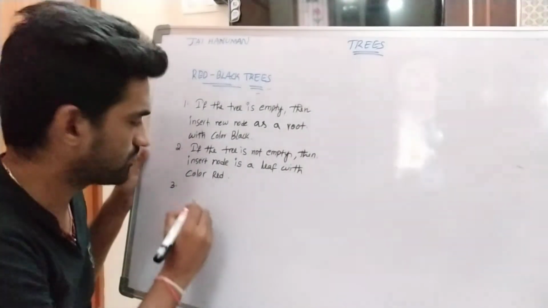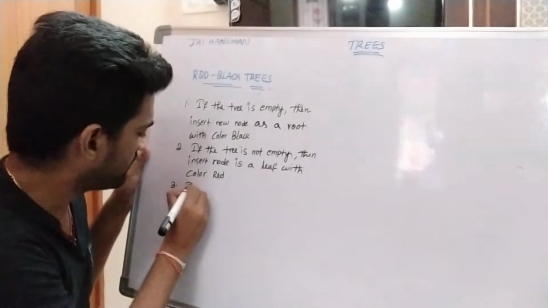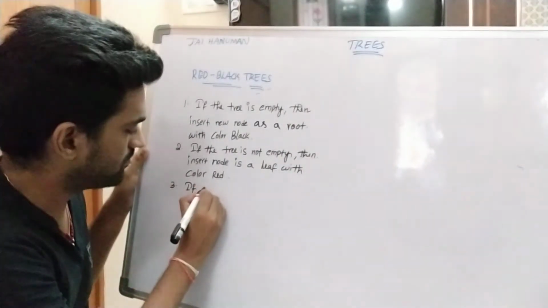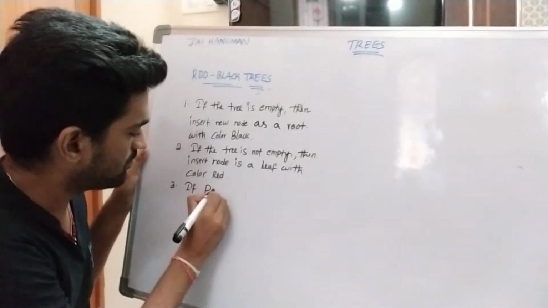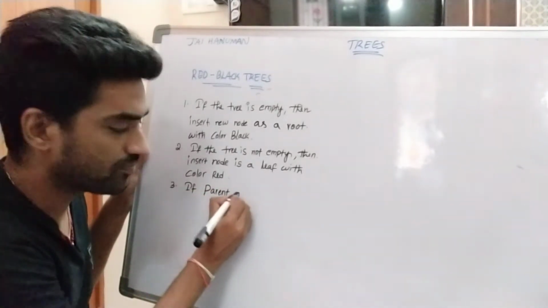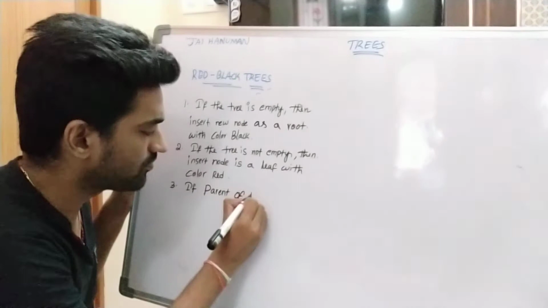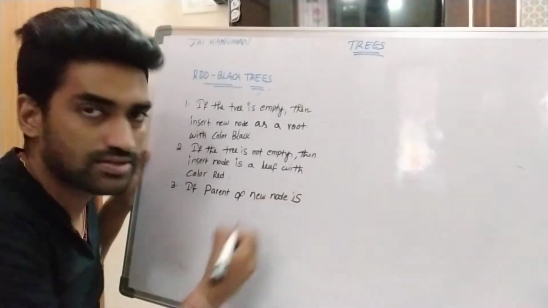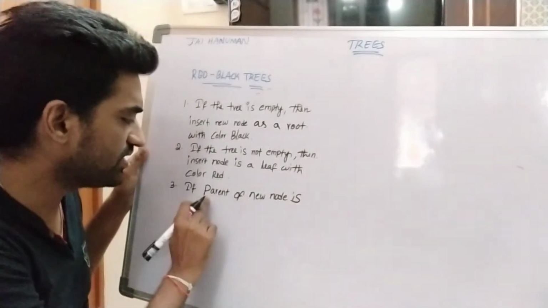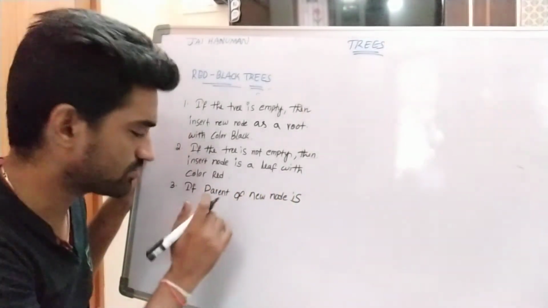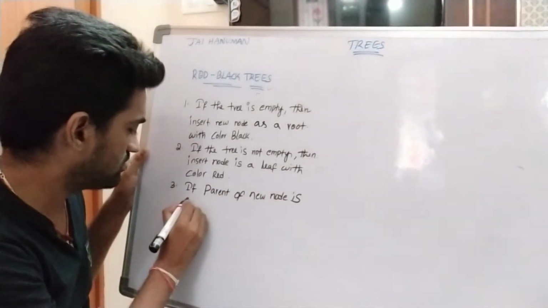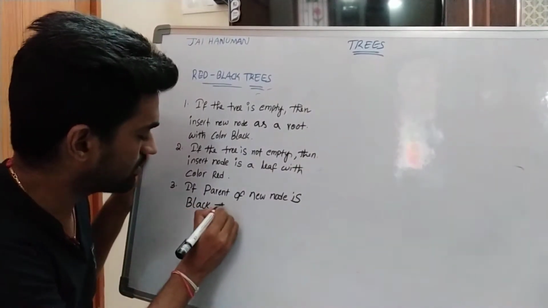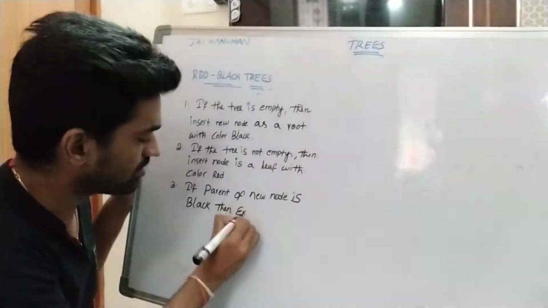The third rule is, if the parent of the new node is black, then exit.